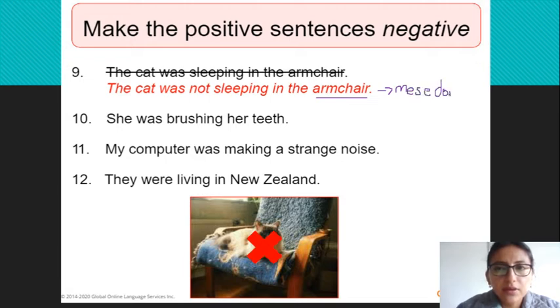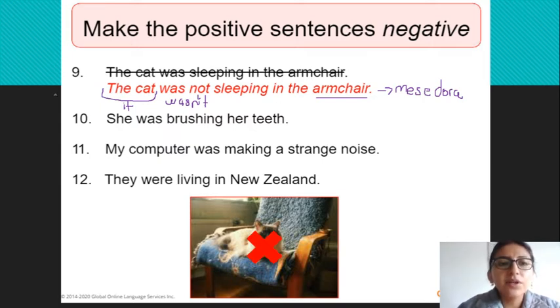The negative: the cat was not or wasn't sleeping in the armchair. We can use the cat or we can use which personal pronoun? Very good. Or we can use it, because we are talking about an animal. The cat, or it, wasn't or was not sleeping in the armchair.